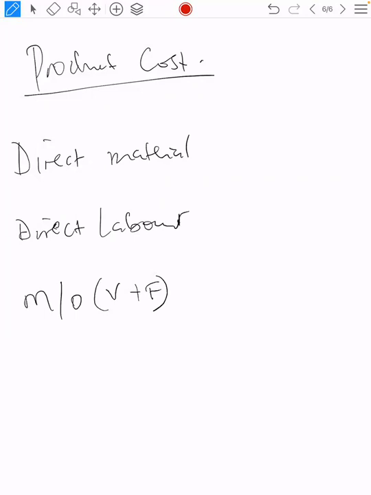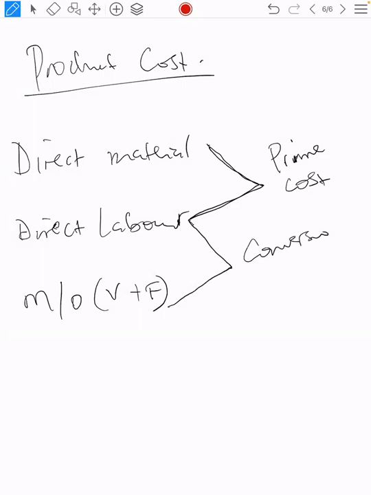The first two are referred to as prime cost. And this one and that one are referred to as the conversion cost. So here we are just categorizing our product cost.